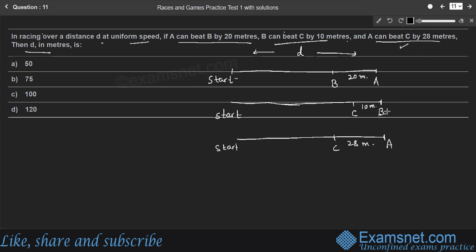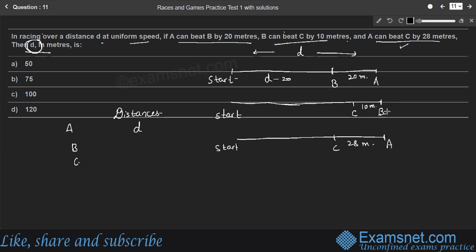So here we need to find the distance of the track, D in meters. For that, we'll consider the distances covered by the particular persons A, B, and C. When A reaches the destination, the distance covered by A is D meters. Then the distance covered by B will be D minus 20.